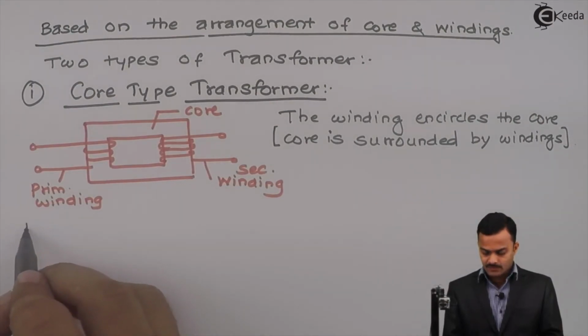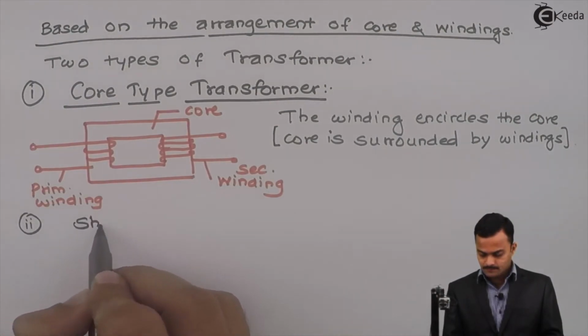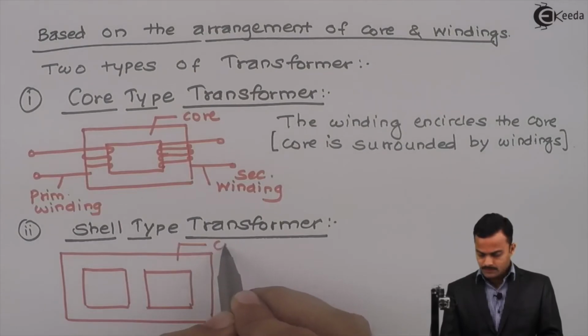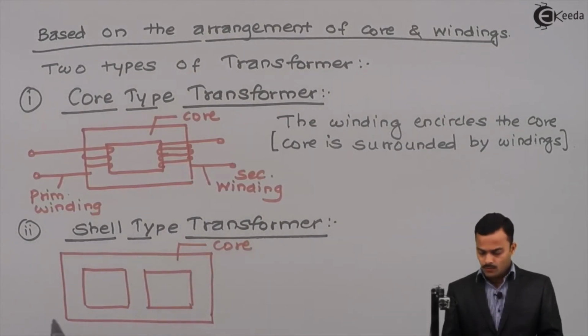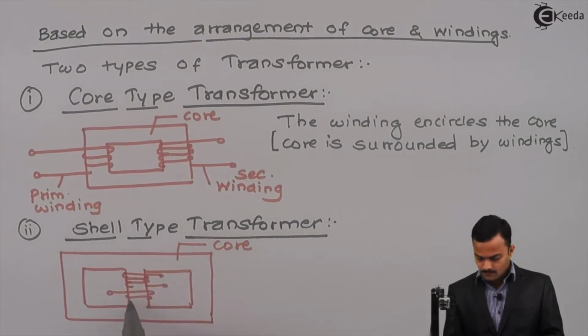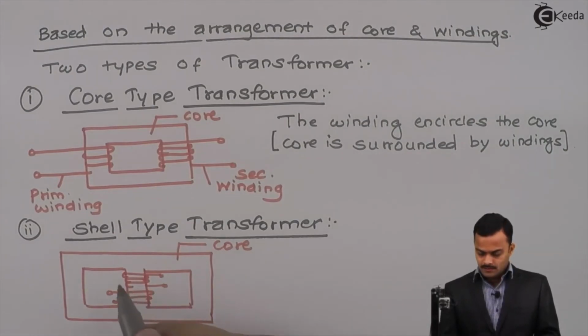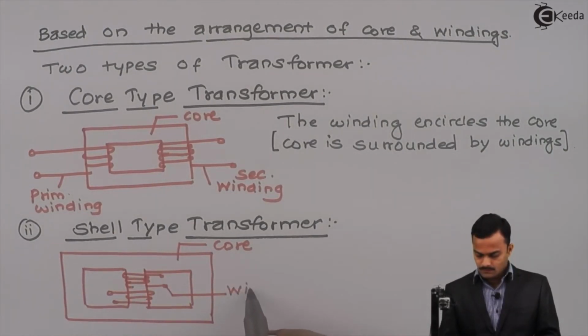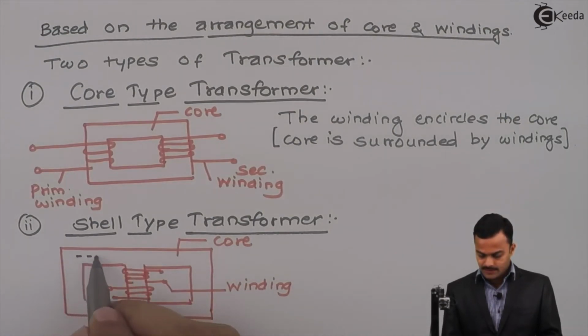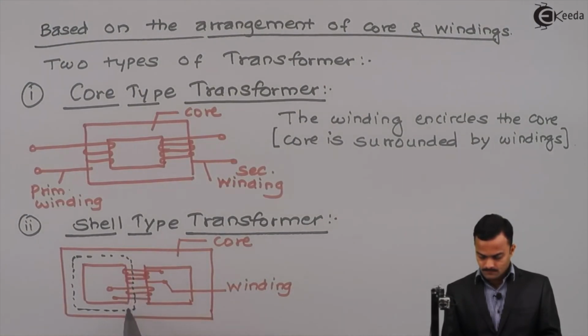Let's see another type of transformer, that is shell type. So this is core and we have windings like this. So what happened? Here we are having two magnetic circuits. This is the first magnetic circuit and this is second magnetic circuit.